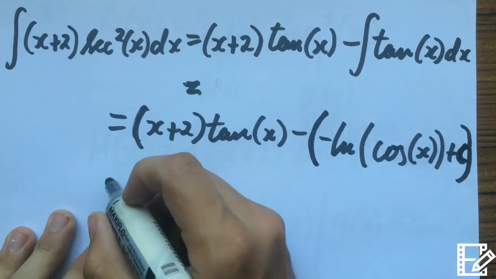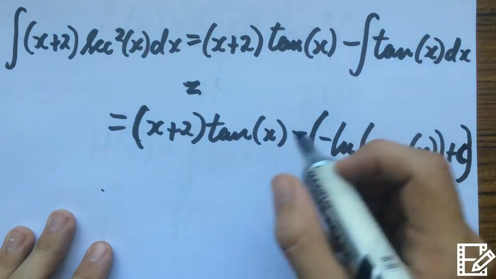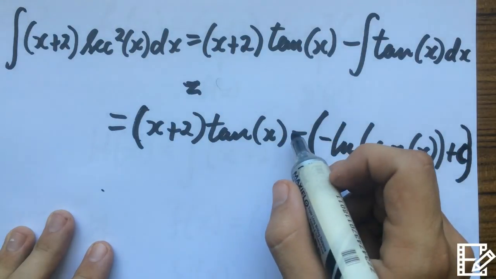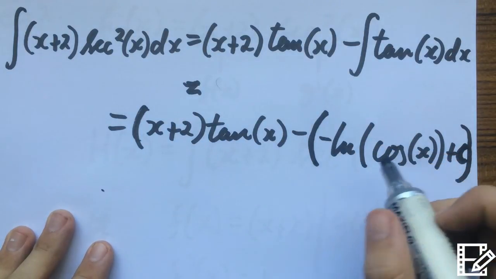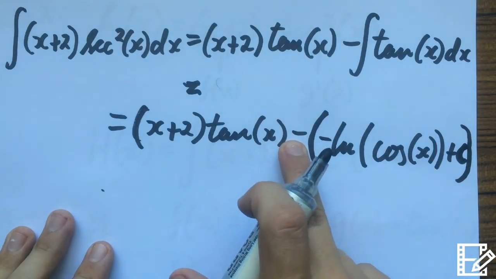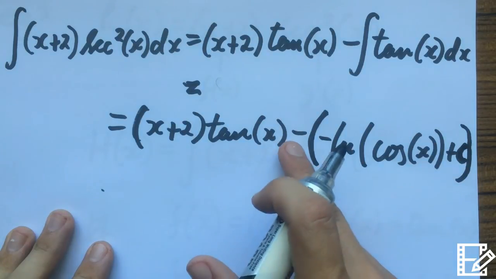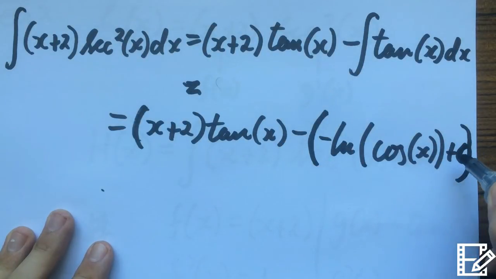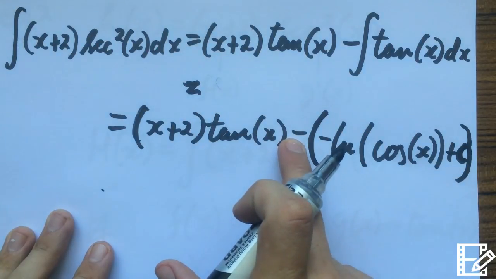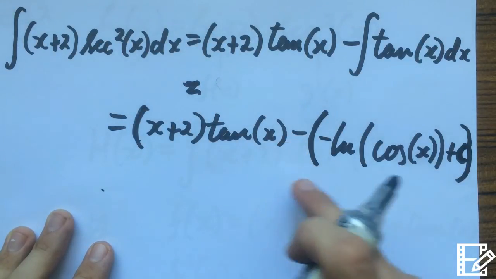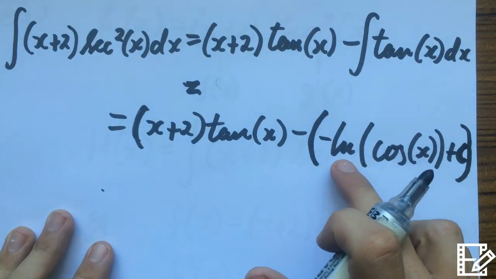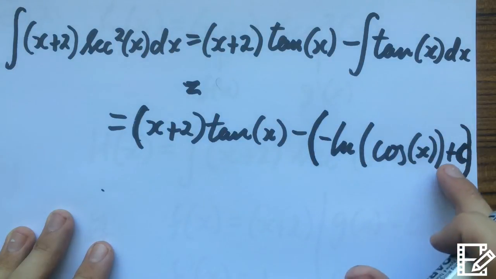Okay, so we have x plus 2 multiplied by tan x minus negative ln of cos x. Now we know that we have a minus times a negative, so that makes it a positive. But we've also got a c down here, and because that's a positive, we get this subtraction sign, and if we're going to expand it into ln of cos x, we have to expand it into c as well.